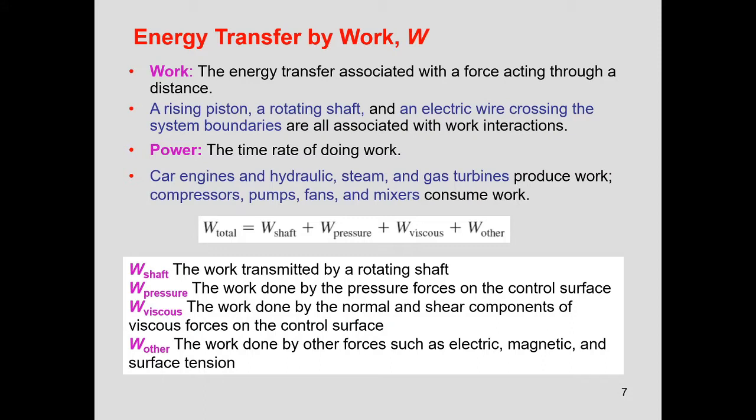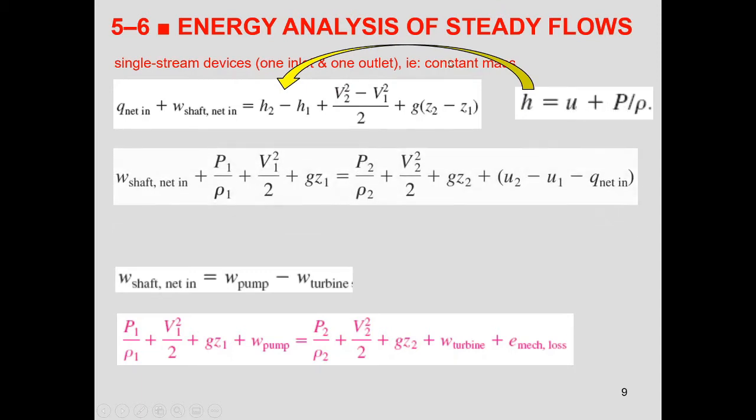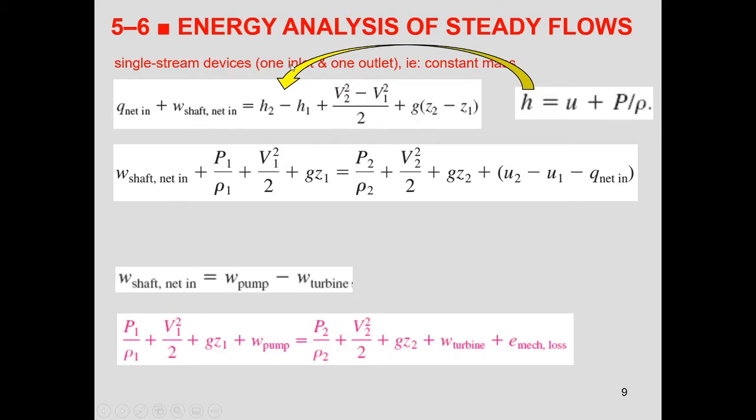So for the work, the total work can come from the shaft work, pressure, viscous and others. Okay, then from this equation, which we know that enthalpy is equal to internal energy plus pressure over density, we can produce this equation.